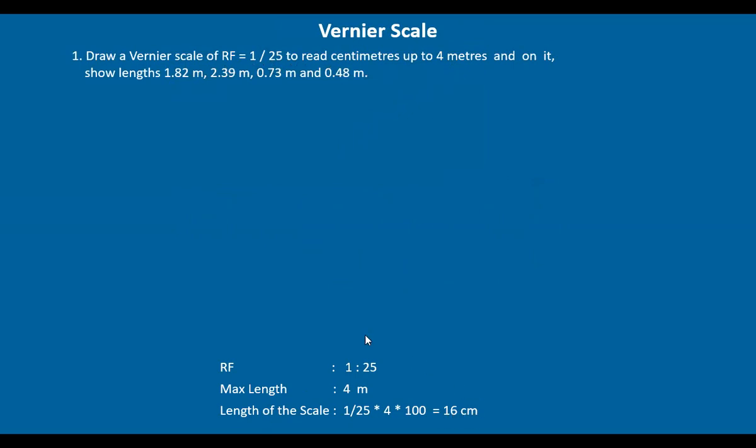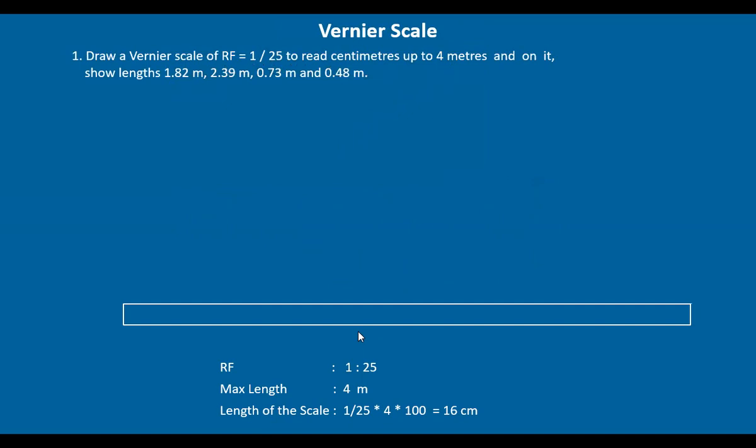So we draw a 16 centimeter long line here. And how many parts do we divide this into? Because this indicates 4 meters, we divide this into 4 equal parts. Each division here represents 1 meter.